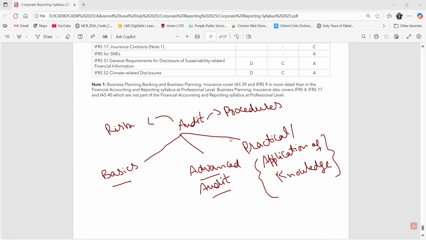How do you need to record them? Will there be an impact on the audit report or not? Do you have to modify your audit opinion or not? So these are some key considerations of audit, which we are going to discuss in our sessions, basically. Whether we are talking about basics or advanced audit, each and everything would be covered in our sessions.